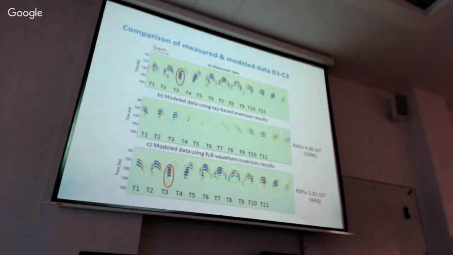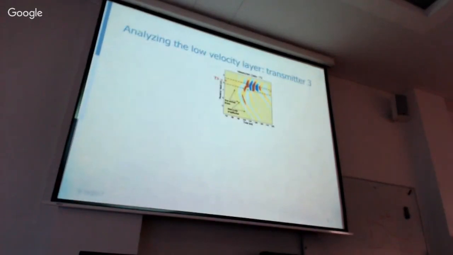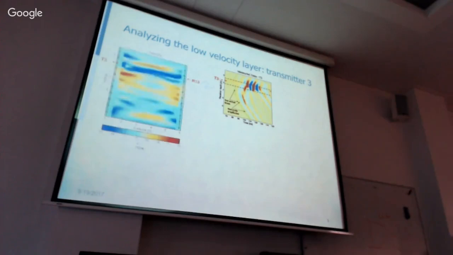So this is the final slide, as far as I remember. Here you see the measured data, and we get this kind of structure from it. If we then forward model the data, we see a very nice match between what we have measured and what we have modeled, so we can get an idea of how reliable these inversion results are.